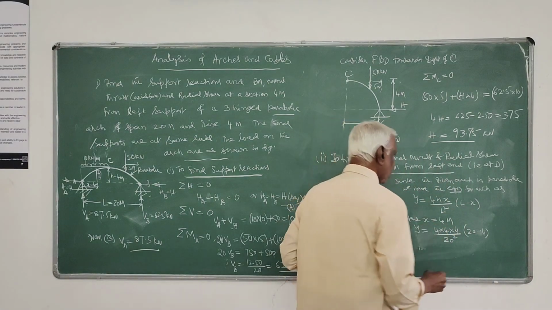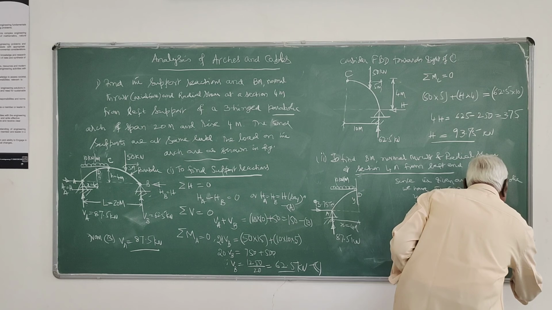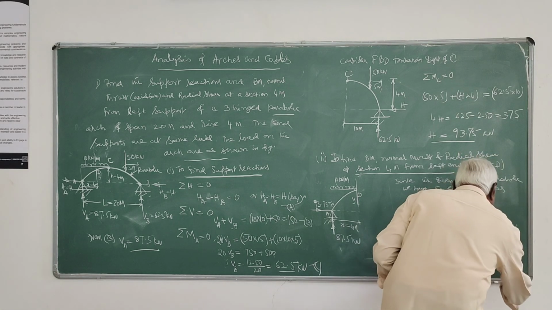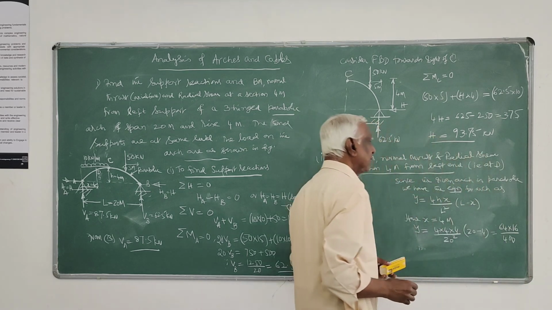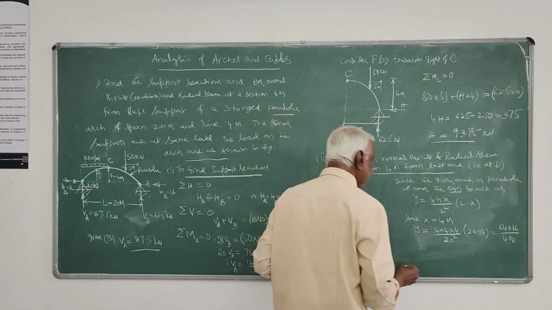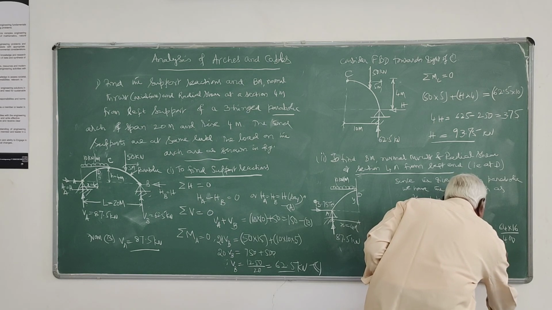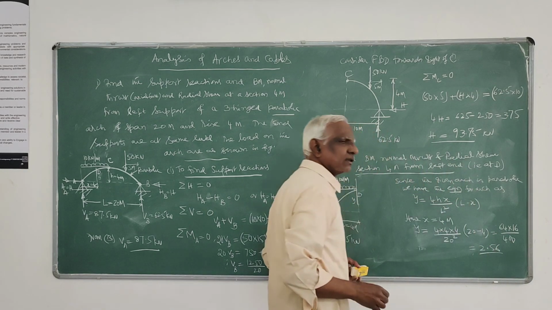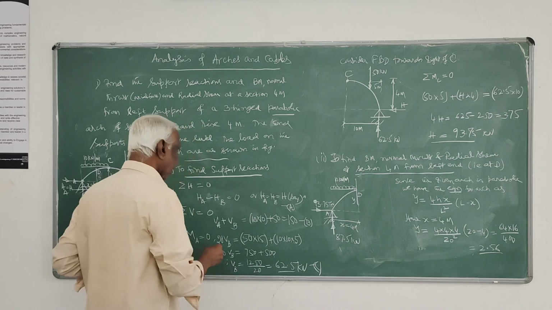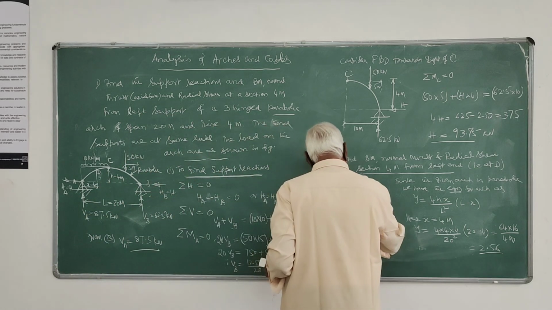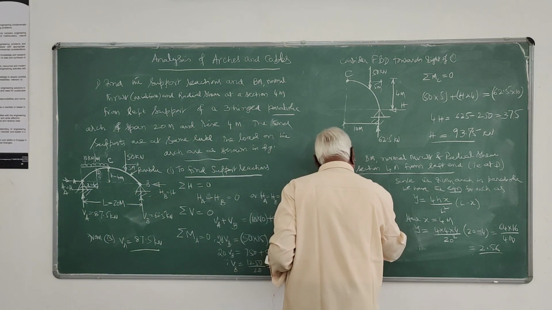This is 64 into 16 divided by 400, which is 2.56. This is Y.